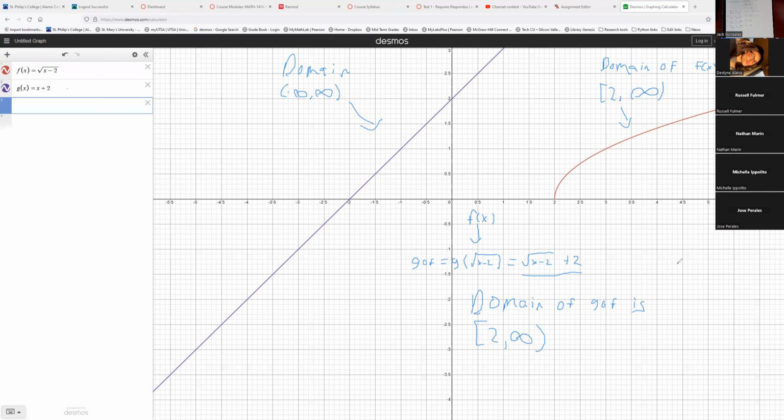The homework has easier examples, but I wanted you to see how you found them if it was more complex. Okay.